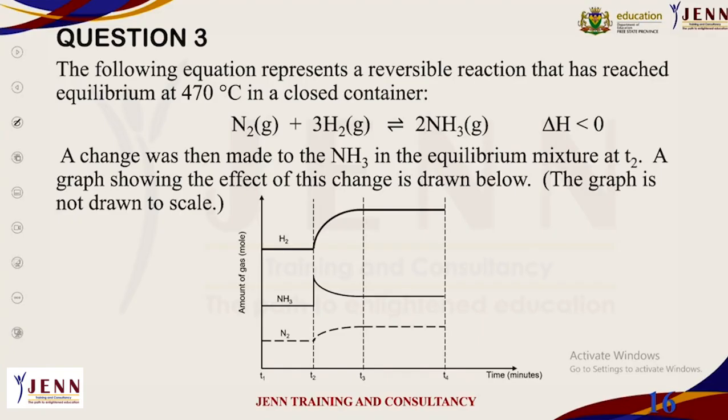Okay, and they give you the graph, and then they say a change was then made to the NH3 in the equilibrium mixture at T2. A graph showing the effect of this change is drawn below. The graph is not drawn to scale. Okay, so remember, only when it is on graph paper. So in the next question you will see this one is drawn to scale because it's on graph paper.